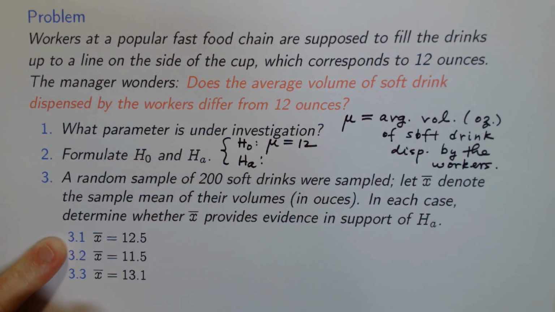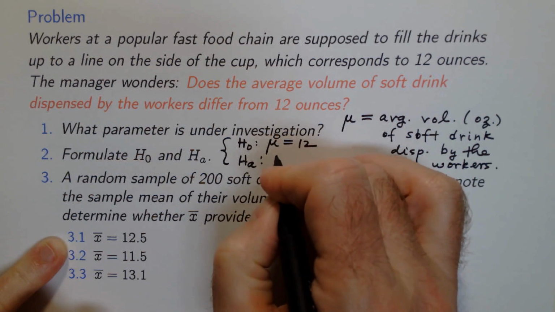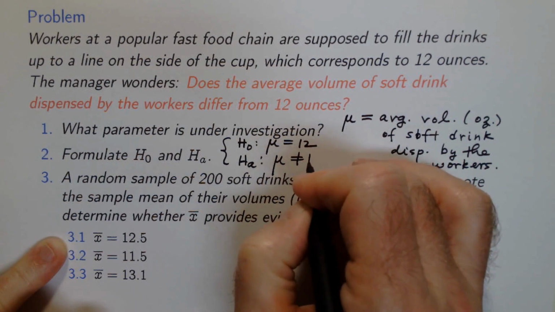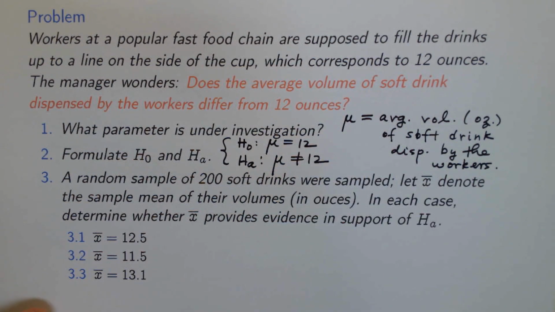So she's concerned about underfilling, coming up less than 12 ounces, and she's also concerned about overfilling, exceeding 12 ounces. Both of those would be a problem if they were really rampant. And so she's concerned with testing the claim that mu is not equal to 12.